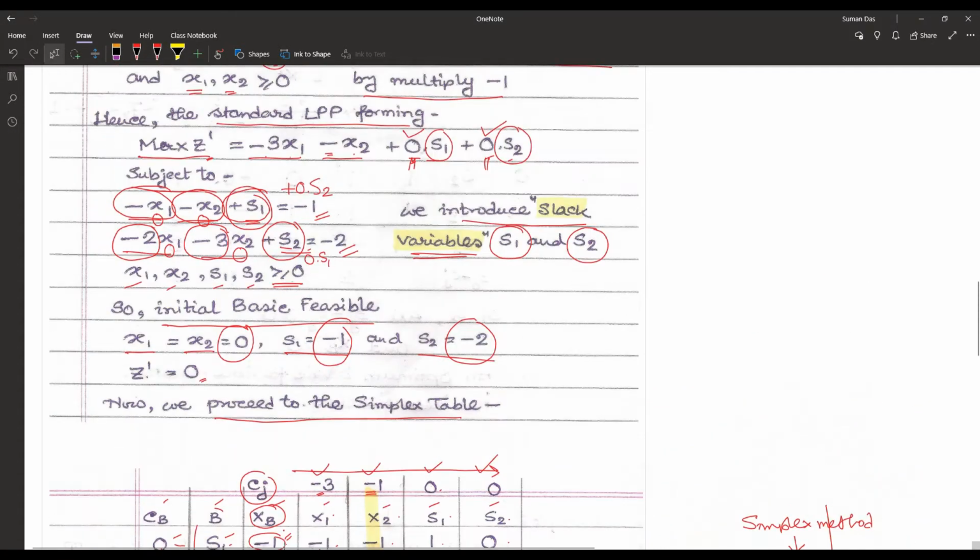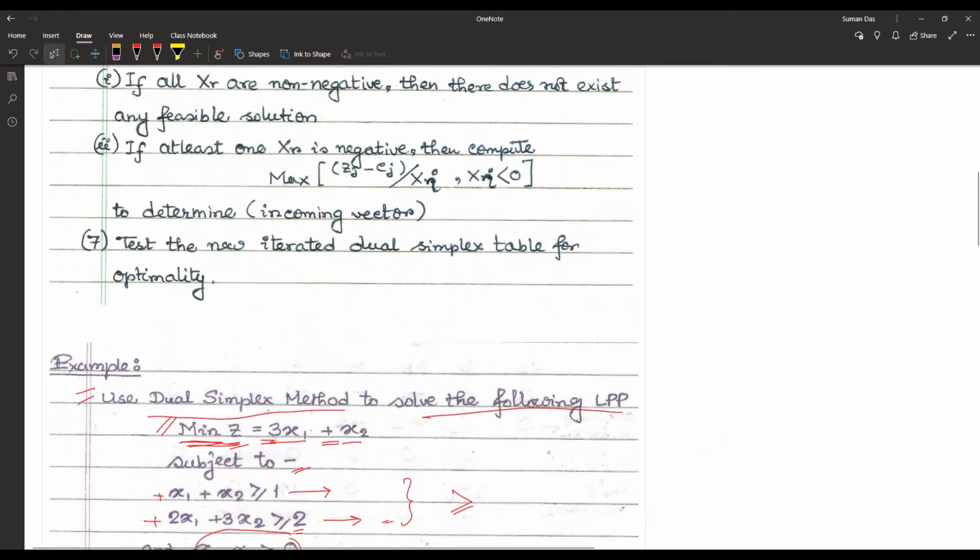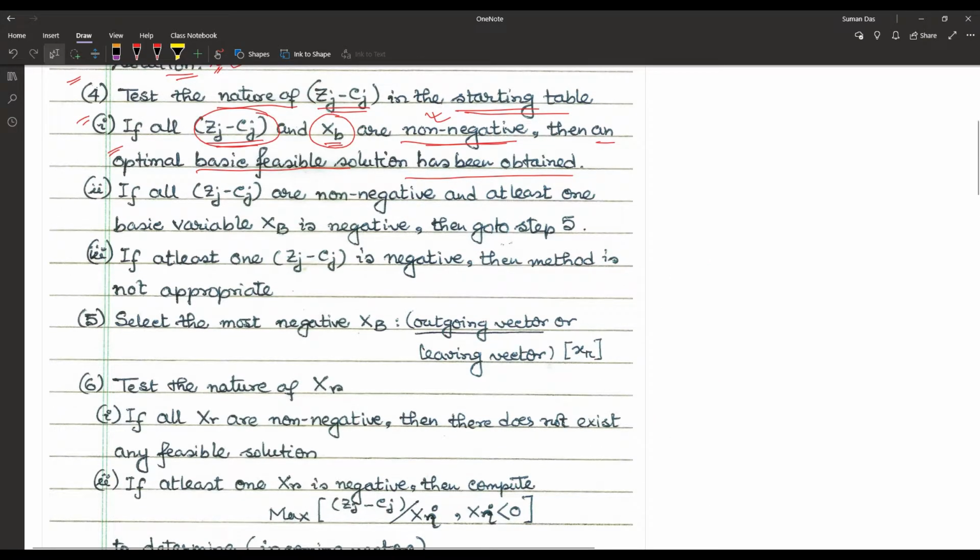So let's check the second case. In the second case, if all Zj minus Cj are non-negative, that is true, and at least one basic variable xb is negative, then go to step 5.